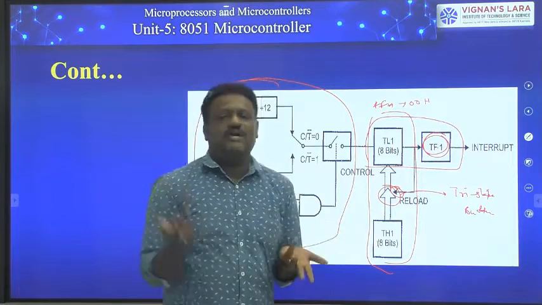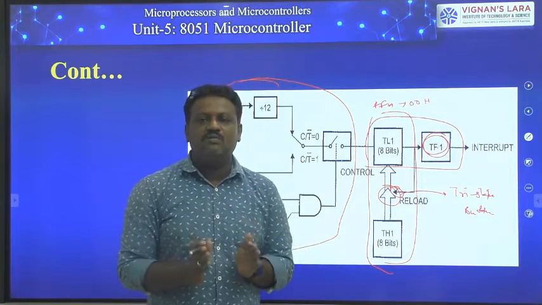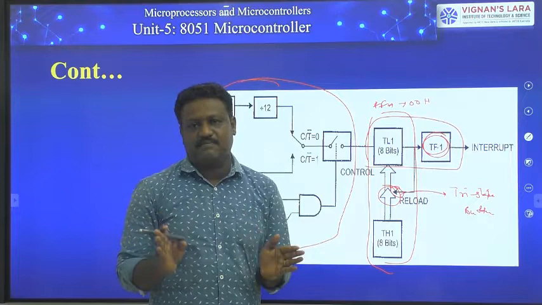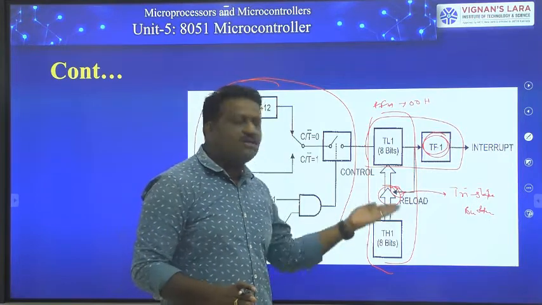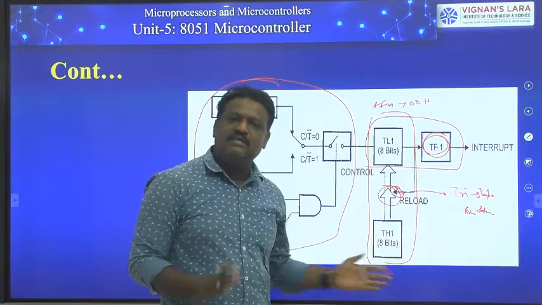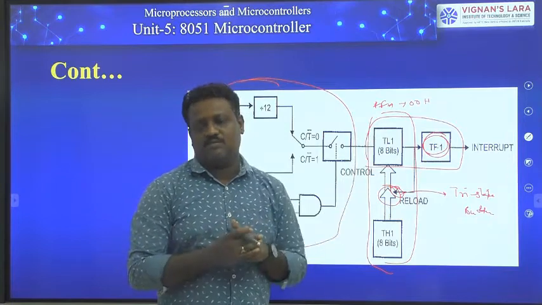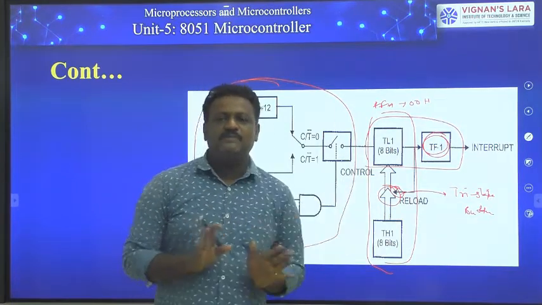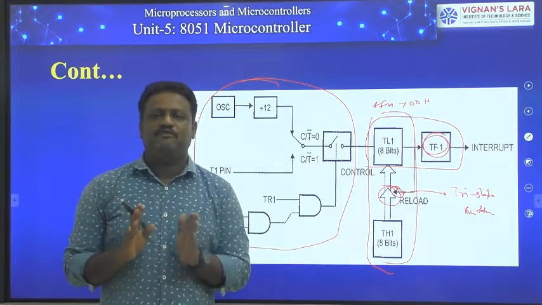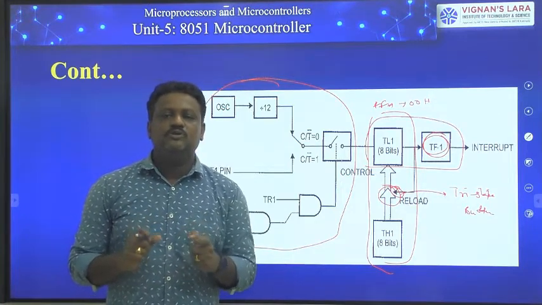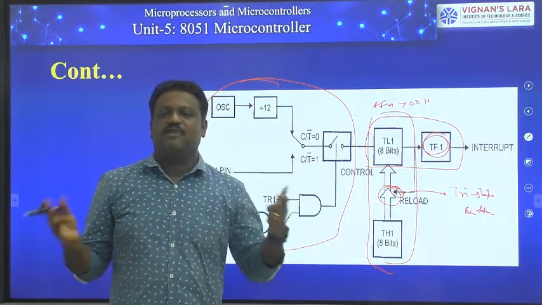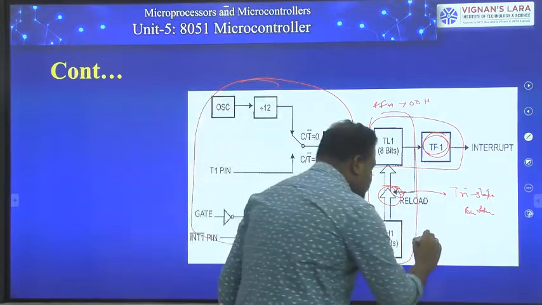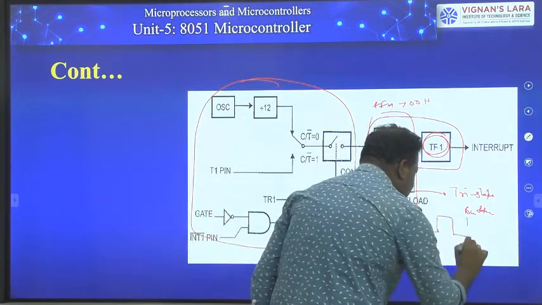From that it goes to FFH, so it will count a total of 256 clock pulses. Otherwise, if you load an appropriate value here, that many clock pulses it will count. So that is about auto reload. Especially this is very helpful for me in order to do a particular operation a number of times. For example, I would like to generate a square wave.